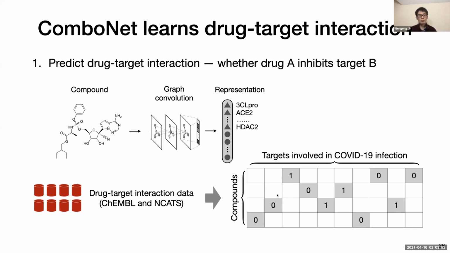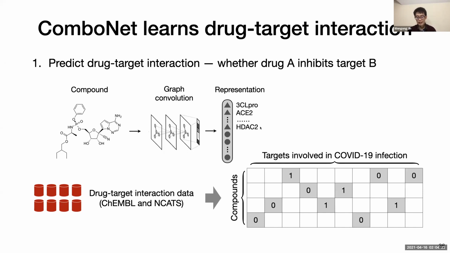Here, NCATS just did a pretty small screen of these compounds against the viral protease of SARS-CoV-2. So they had some data, but not that many. And are you including human targets, or is this just virus targets? I'm including both the viral targets and the host targets, like HDAC, which is a host target.